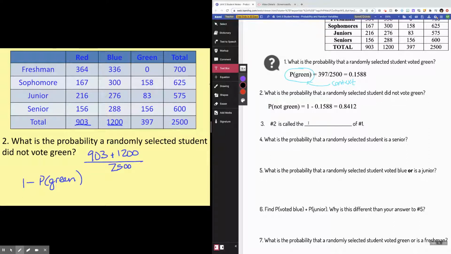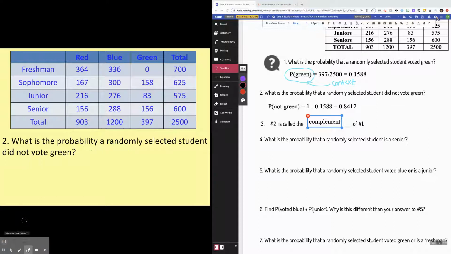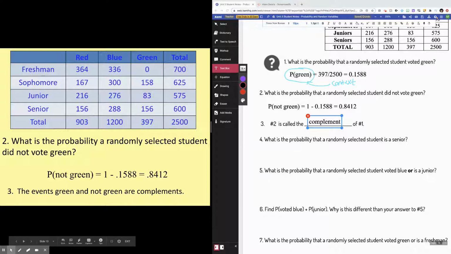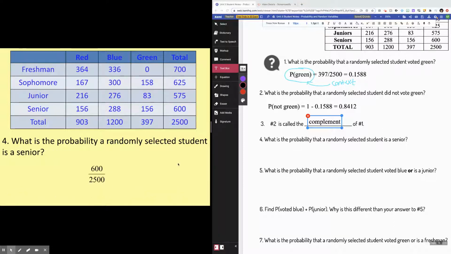Okay, and 2 is the complement of 1. Right. So there's my answer there. Right. Green and not green are complements.